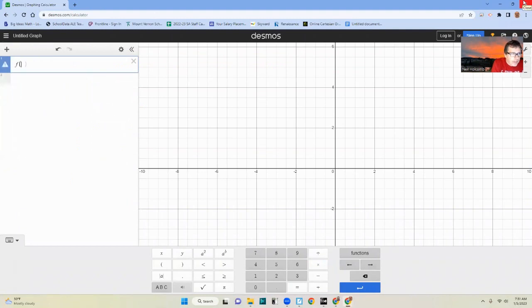So f of x equals x squared. I want to only do positives. Okay, so it's going to be, I think it's a bracket, I can't remember. x greater than 0.